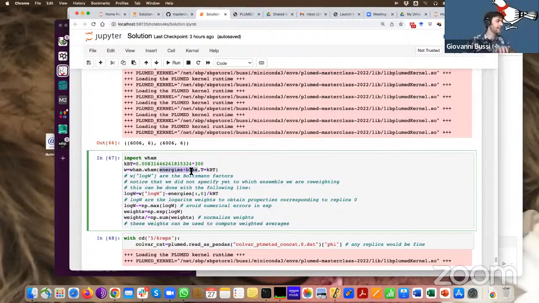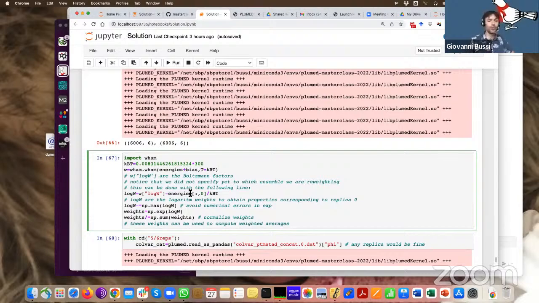Okay, but we know that empirically with metadynamics it works to assume that the bias was statically equal to the last version. So then I feed this sum to WAM. I want to compute the weights in the unbiased distribution without the metadynamics potential. So I just subtract this.